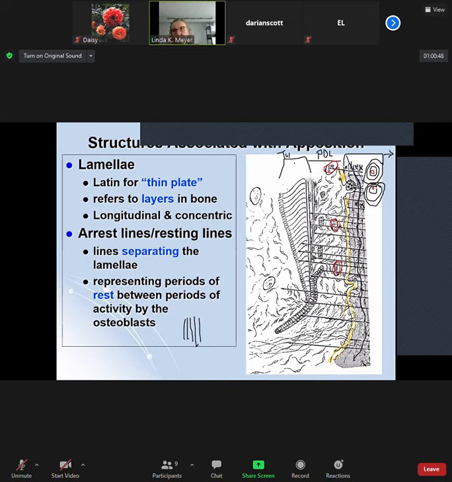The very last layer has not mineralized, so that's not bone, that's osteoid shown in orange. This arrow right here is pointing to it. And then notice on top of the osteoid at the surface, not in the bone, and that arrow right here is pointing to one, those are all the osteoblasts at the surface.